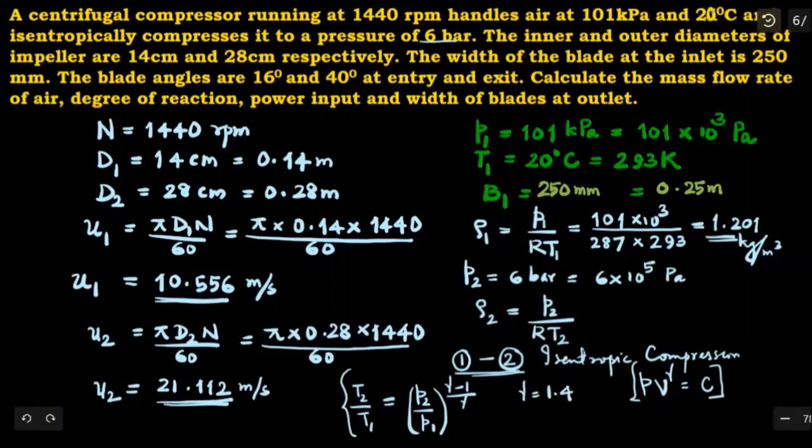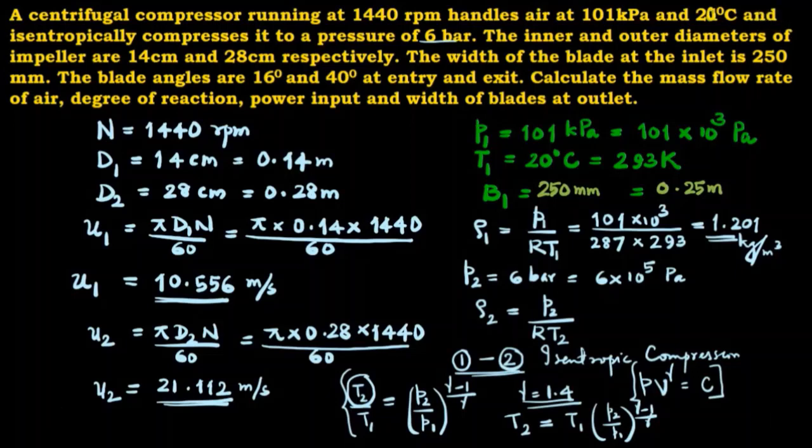So you can substitute. In this case, the temperature T2 we do not know, but we know T1, the static temperature at inlet, that is 293 Kelvin. Pressure P2 is 6 into 10 raised to 5 Pascal. Then P1 is 101 into 10 raised to 3 Pascal. Gamma is 1.4. Please substitute the values and obtain the static temperature at outlet. So T2 is equal to T1 multiplied by P2 by P1 raised to gamma minus 1 by gamma.